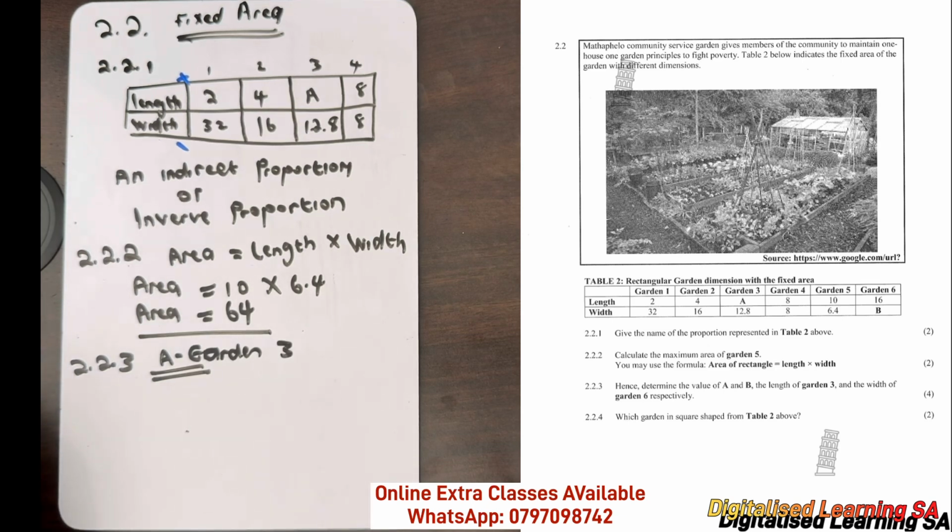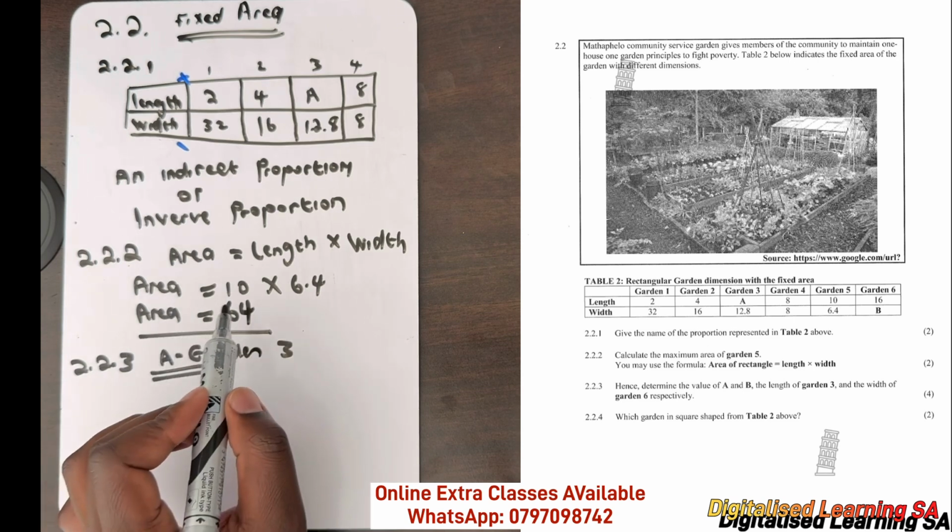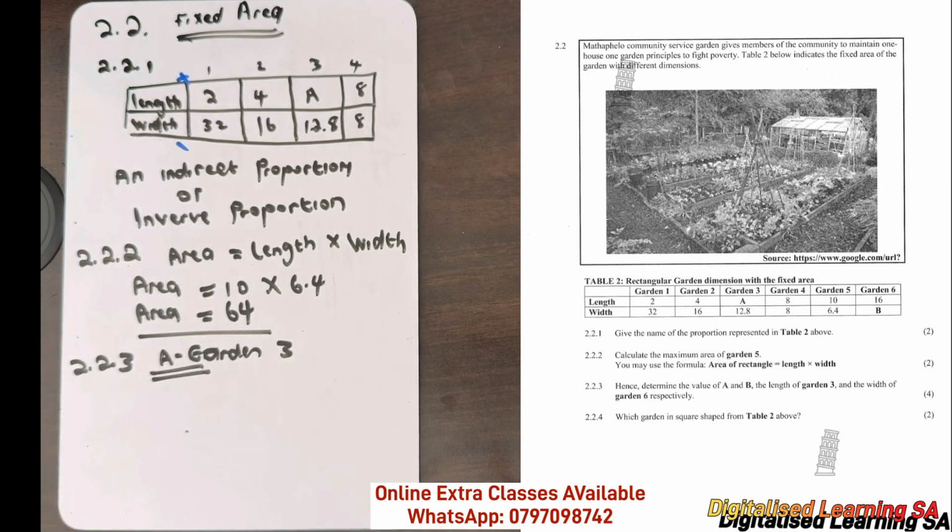If we recall from our scenario, we were told that all these gardens have the same area. So the area is fixed, meaning that the area of each and every garden is 64.